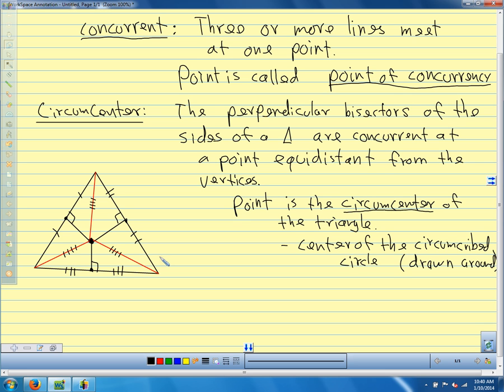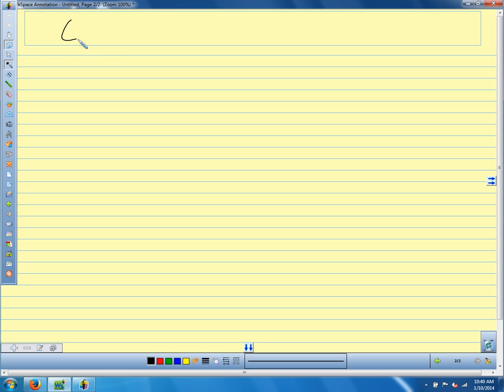All right, I want to go through and show you how to construct the circumcenter and construct the circumscribed circle. So if you have a compass and straight edge, you can follow along. Otherwise, if you go back to the video, we'll show the tools for constructing this. It's all constructions that we've done before. We're just putting them together. All right, so the construction.